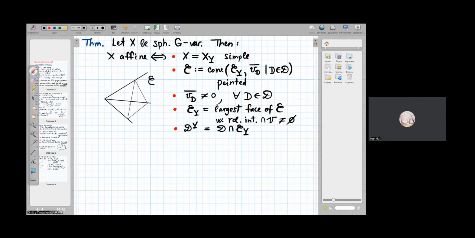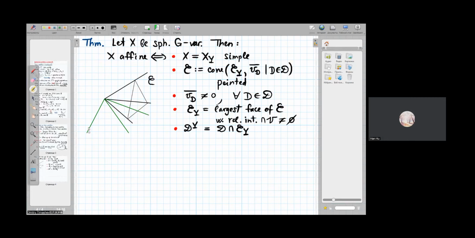And all colors are among generators of this cone. Some colors, and so we have the evaluation cone also. We have the evaluation cone somewhere here. This will be the evaluation cone. Let it be also of dimension 3 for the picture.